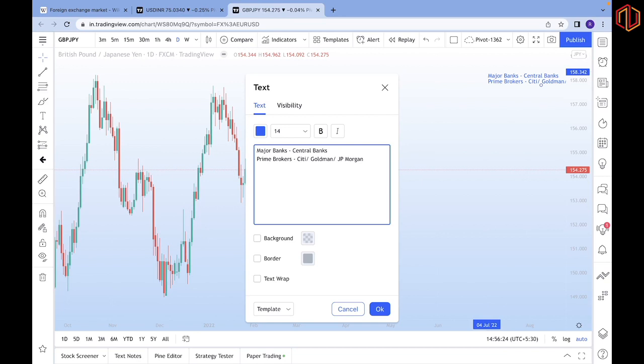Below them are medium-sized and small-sized banks like, let's say, HDFC, ICICI, smaller banks, and hedge funds come right below this.